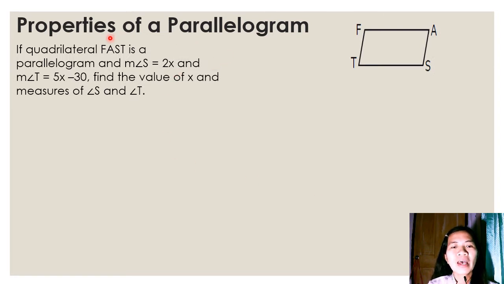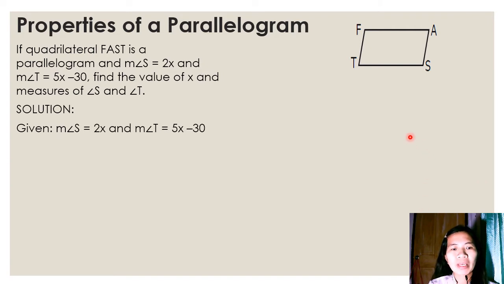Okay, so let's have another example. If quadrilateral FAST is a parallelogram and measure of angle S is equal to 2x and measure of angle T is equal to 5x minus 30, find the value of x and the measures of angles S and T. So we have here the given: measure of angle S is 2x, and measure of angle T is 5x minus 30.